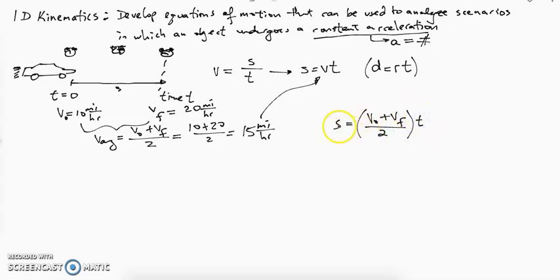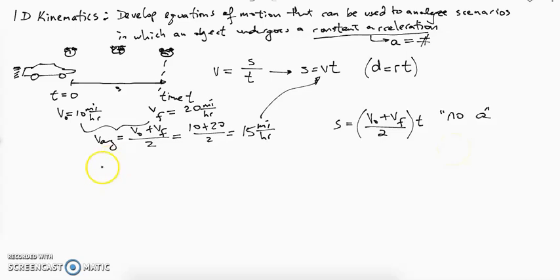What we have is the distance is the average speed, but now we're explicitly saying the average speed is made up of an original speed and a final speed that we add together and divide by 2. And then we multiply those speeds times time to get the distance. Notice how the fact that the car is accelerating is not actually in this equation. There is no a in that equation. So I call this equation the no a equation.